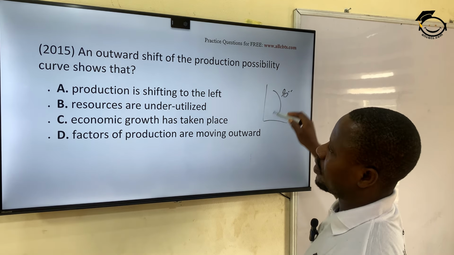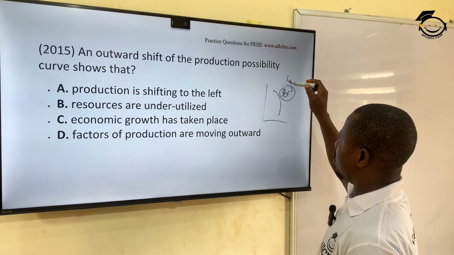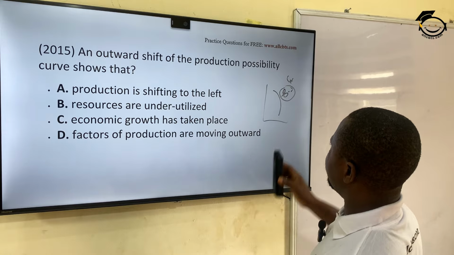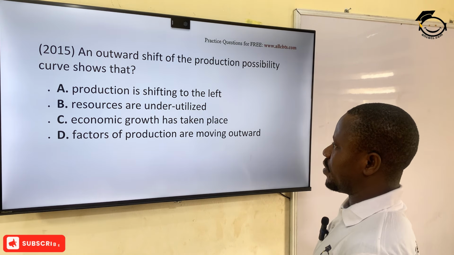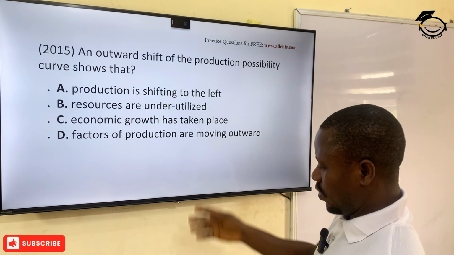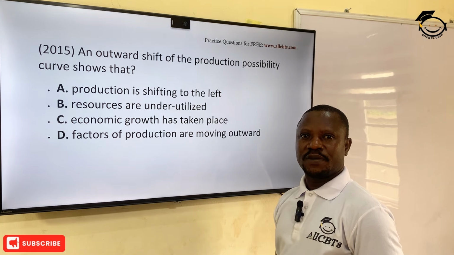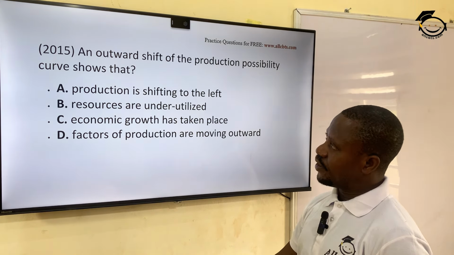Option B, out here. This point, outside. That is growth. This is growth. Yes, everything will fully utilized, and the country or the economy is good to go. So economic growth has taken place. Option C. We answer a question similar to this in another year. Economic growth has taken place. Option C is the correct answer. Let's see the next question.